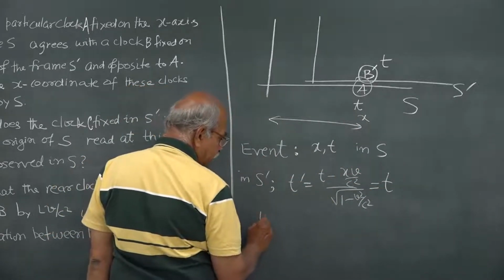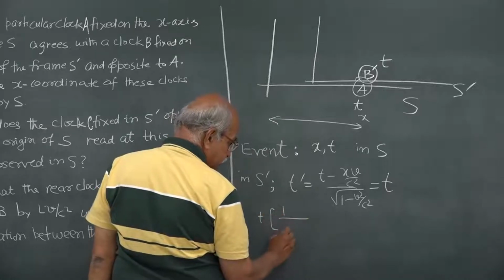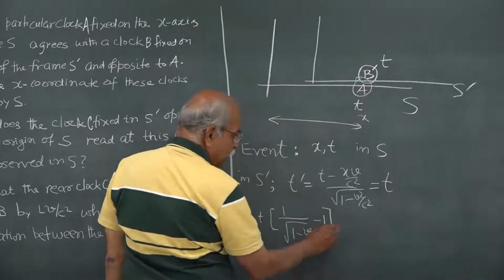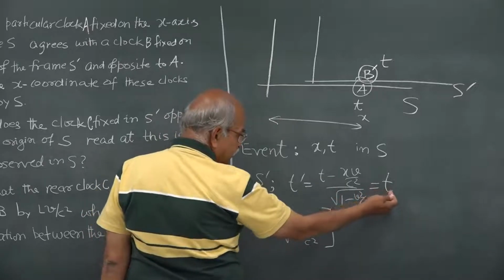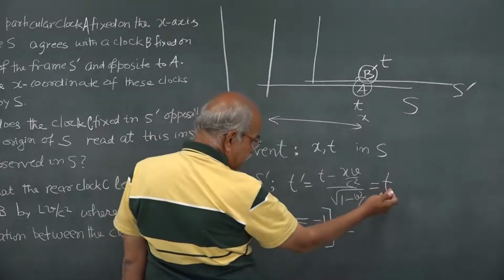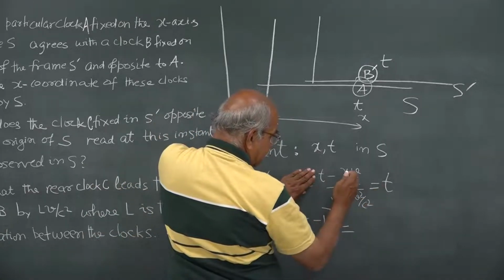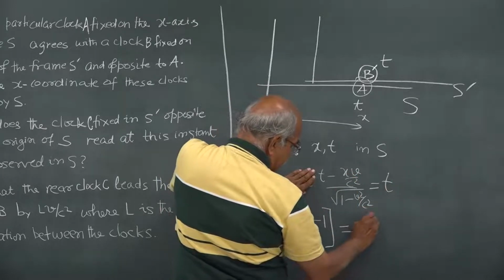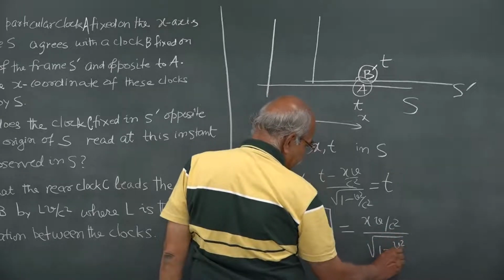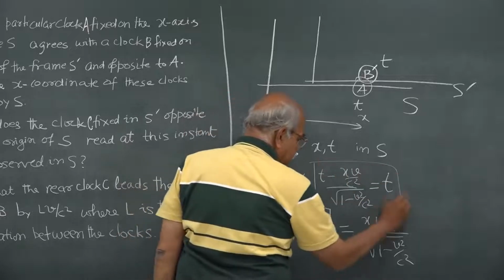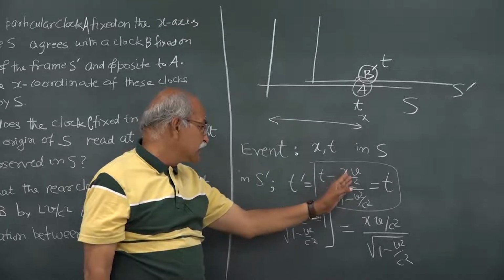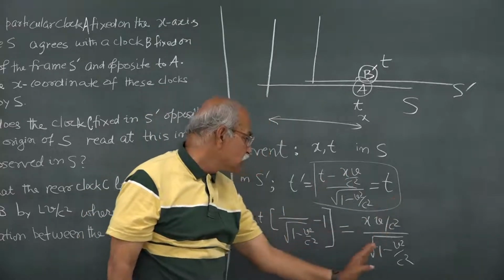It is t times (1 divided by square root of 1 minus v square by c square, minus 1). So what I have done, I have written this term and I have written this term. So minus 1, and this should be equal to x v by c square divided by square root of 1 minus v square by c square. So in this equation I am transposing: this t comes to the left and this minus x v by c square divided by this goes to the right side.